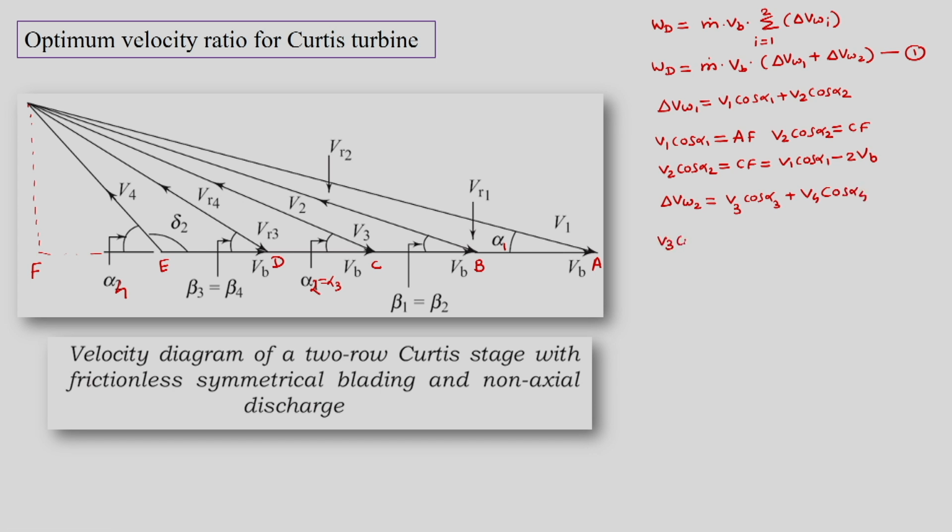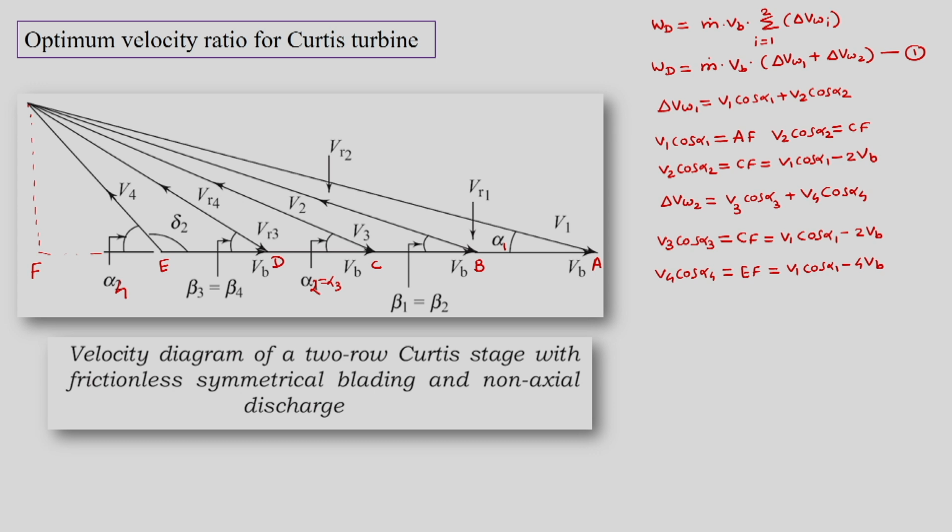Here V3 cos alpha 3 is, as per this diagram, again equal to CF, and that is V1 cos alpha 1 minus twice Vb, and V4 cos alpha 4 is equal to EF, and that is V1 cos alpha 1 minus 4Vb.